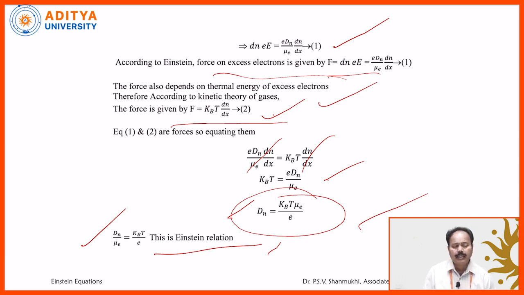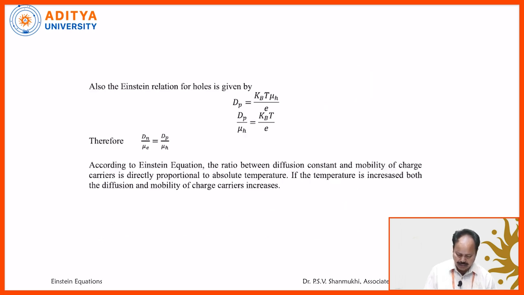Similarly, we took the n-type semiconductor with electron concentration. In the same way, we take the p-type semiconductor. What do we get? Instead of Dn, we get Dp. Dp/μh is equal to kB T/e, where kB is the usual Boltzmann's constant, T is temperature and e is the charge of the carrier. So Dp/μh is equal to kB T/e.